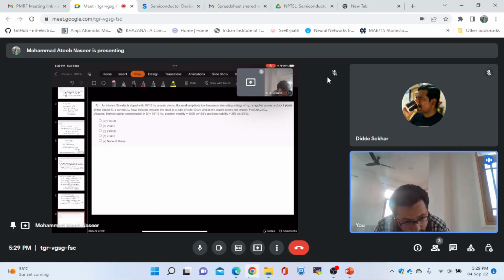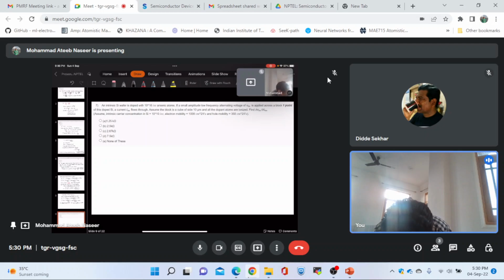So some small current is able to flow through this. We have also been told that this is a cube and each side is 10 micrometer, and that the dopant atoms are fully ionized. We have been told to find dv in by di in, which is simply the dynamic resistance.